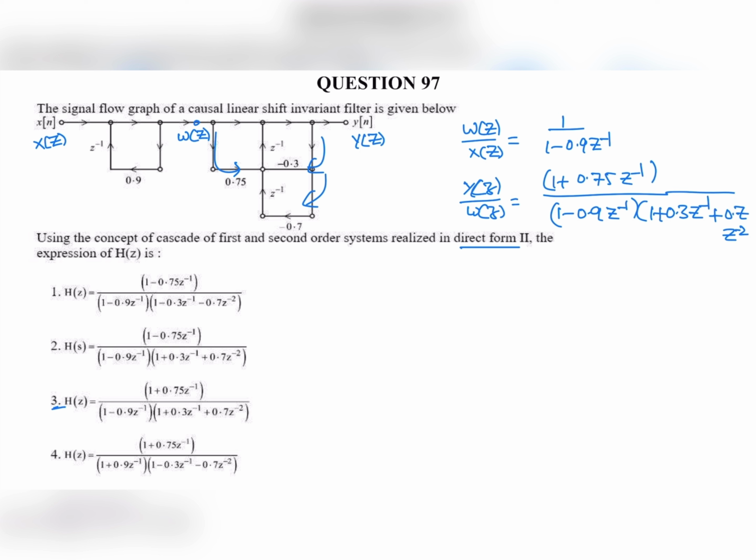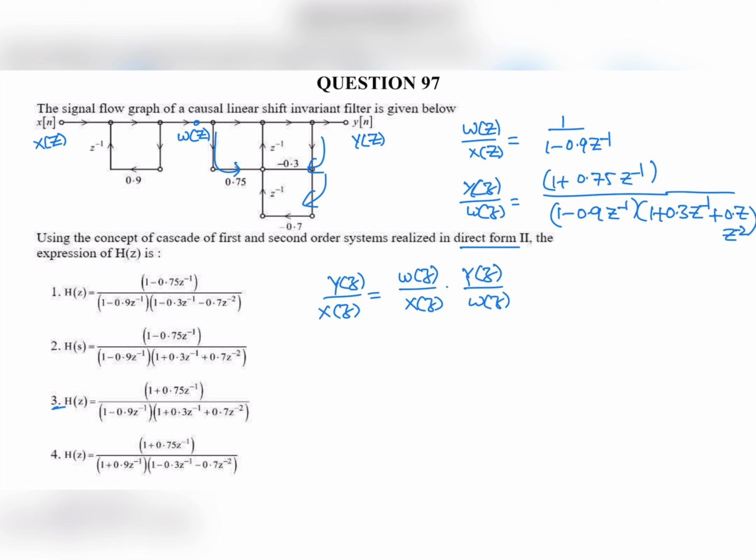minus 2. Now y of z by x of z is equal to w of z by x of z multiplied with y of z by w of z.